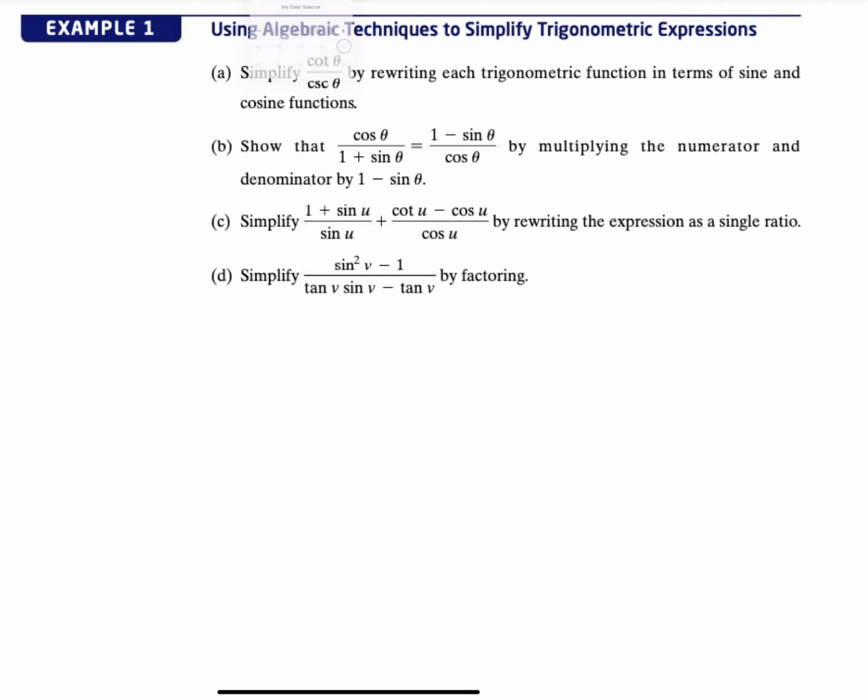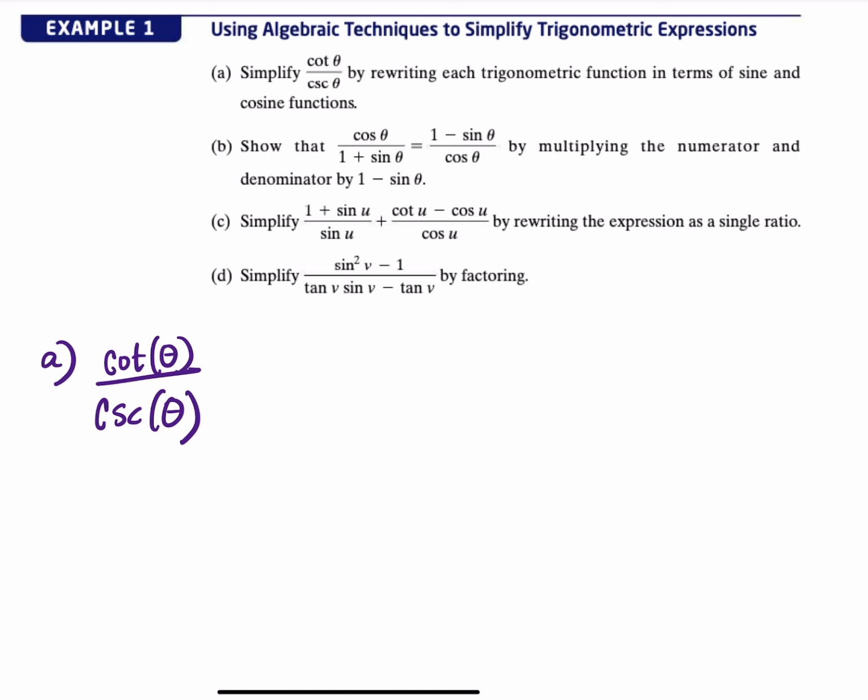So let's look at this first one. It says to simplify the cotangent of theta divided by the cosecant of theta, and to simplify this by rewriting each trigonometric function in terms of the sine and cosine functions. So let's try that.